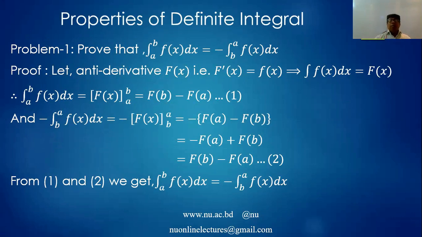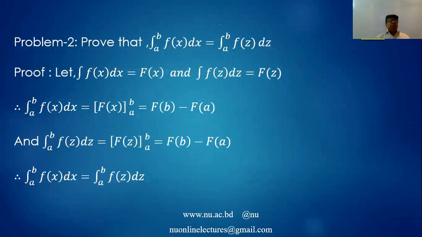Now go to the left side. This is problem two. From the previous problem, integration f of x dx equal to F of x. So for z, integration f of z dz equal to F of z.